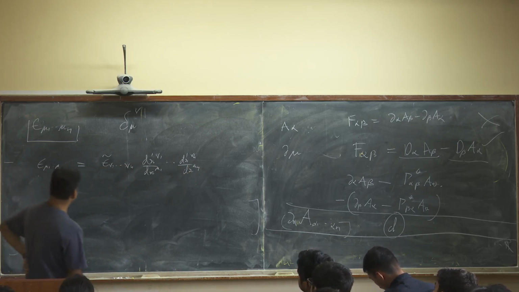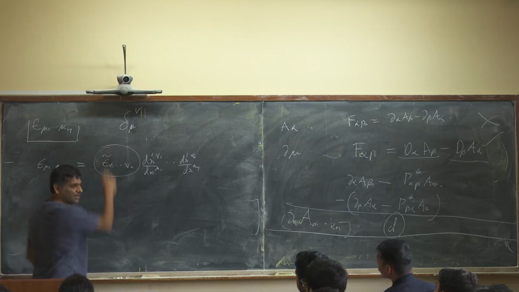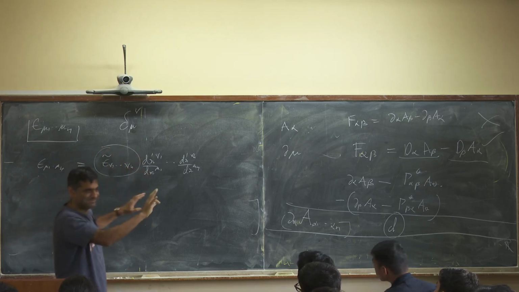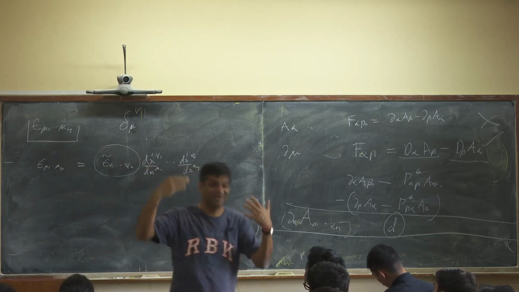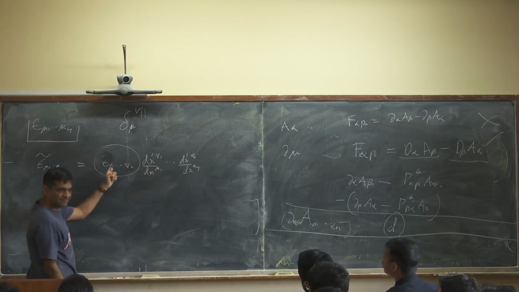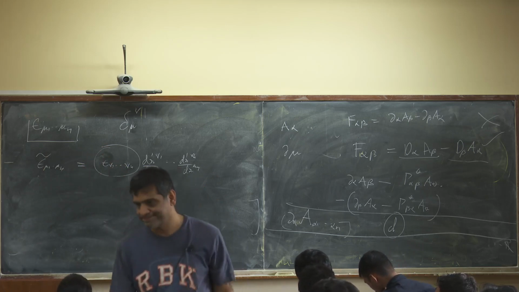Okay, now since I've written the transformation rule this way, let's do the other way. Suppose I started off with some epsilon tilde, such that this was 1 or minus 1 in the prime coordinate system, and let's call this epsilon tilde. I want to find what this epsilon tilde is. Is this clear?